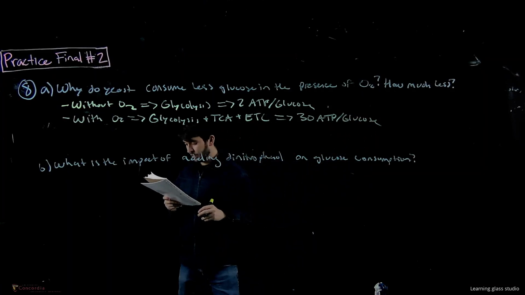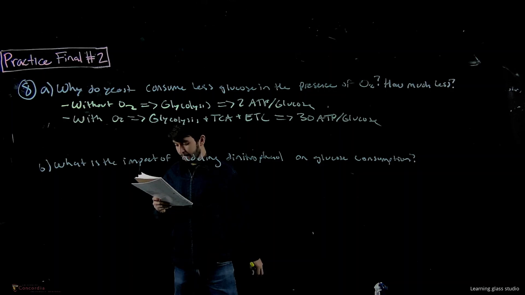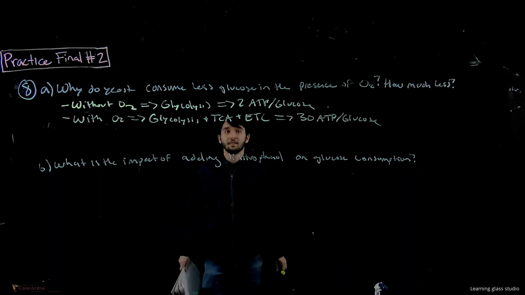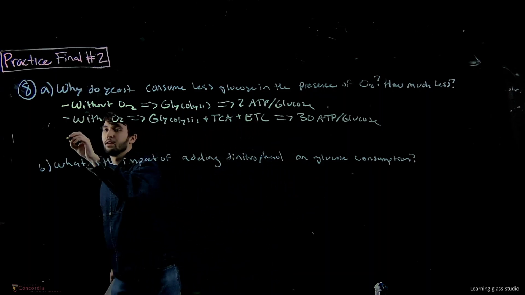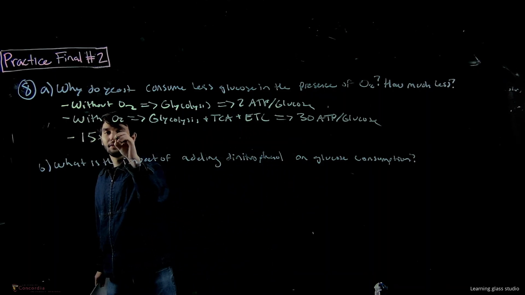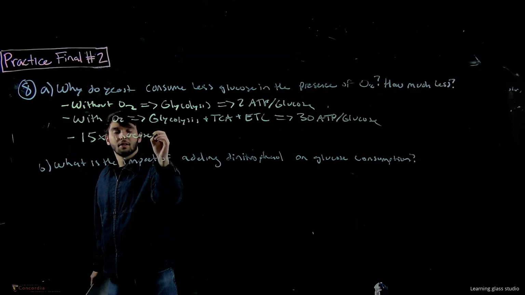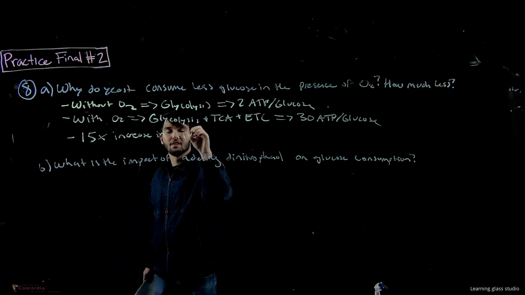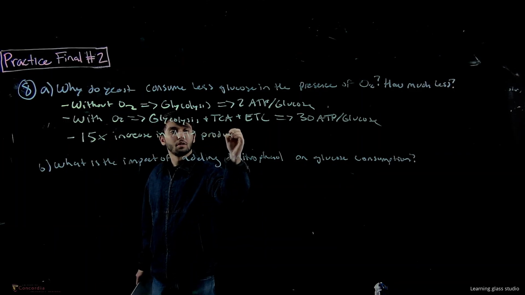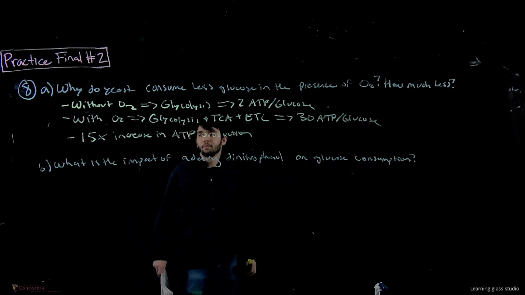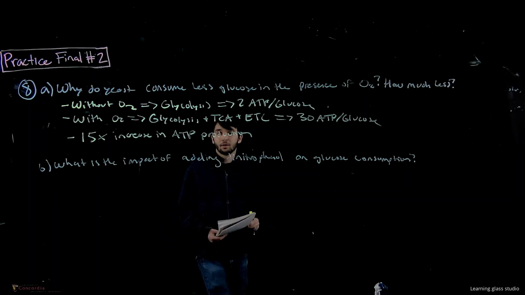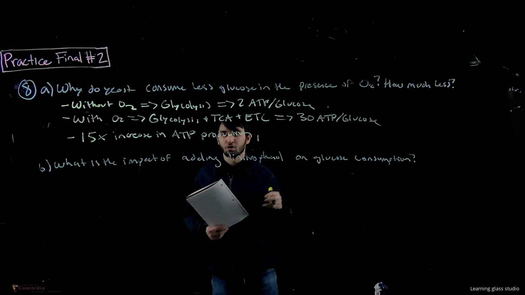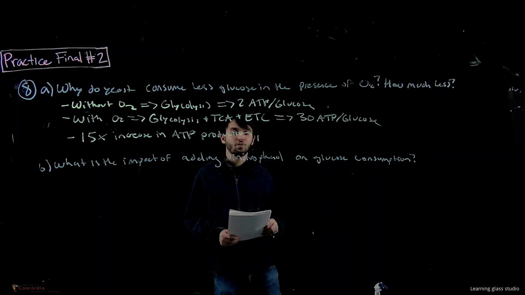As you can see, we go from 2 to 30. So this is a 15x increase in ATP production. So if we are producing 15 times more ATP, you don't need as much glucose if you have O2 present.